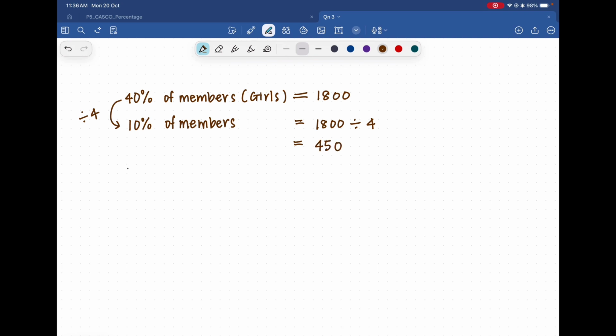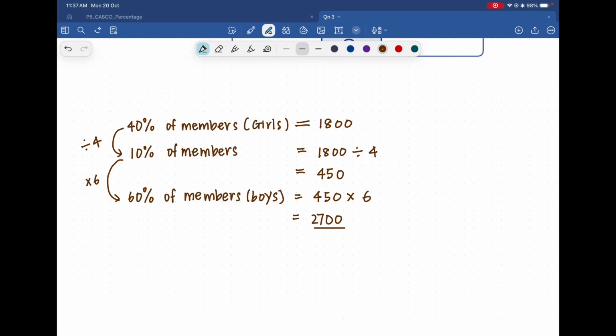Then I will find 60% of the members, which is boys. To find 60%, I will take 10% multiplied by 6. So on the other side, I will take 450 times 6. I will get 2,700. That means initially there are 2,700 boys. Let's represent this information in the flowchart.